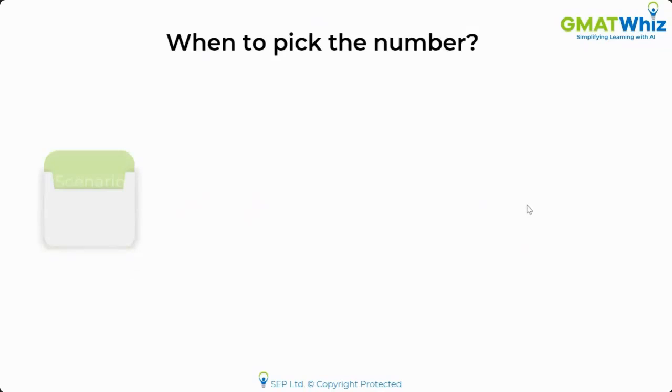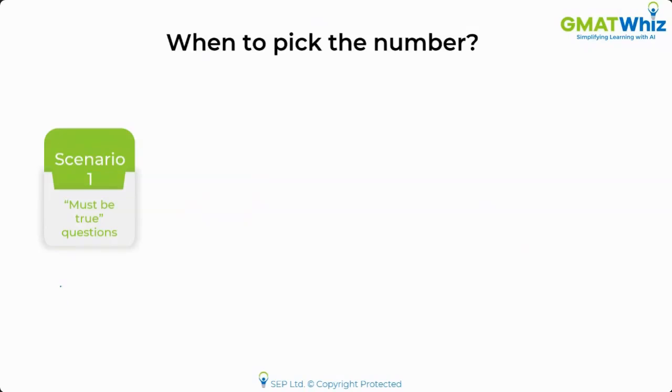The first scenario in which you can pick numbers is questions which deal with must-be-true kind of questions, where you are asked what is, say, the remainder, or if this is true, which of the following must be true. In those questions, there will always be certain constraints given, and you can use those constraints to figure out what kind of numbers to take.